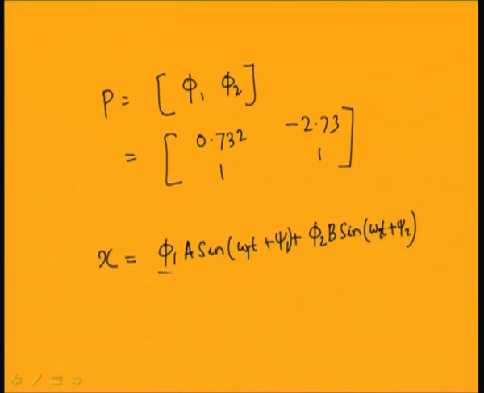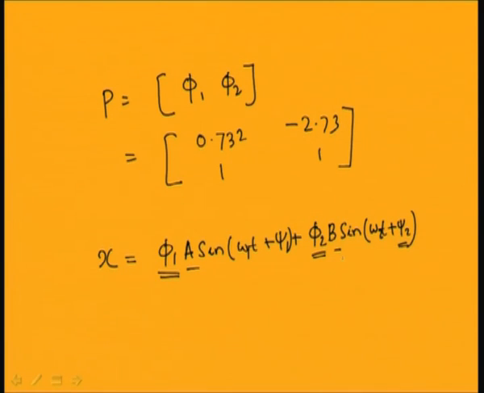So, in this case already you know this phi 1 and phi 2. These are the normal modes, and a, b and psi 1, psi 2 can be determined from the initial conditions. Initial conditions represent the displacement and velocity for each mass.